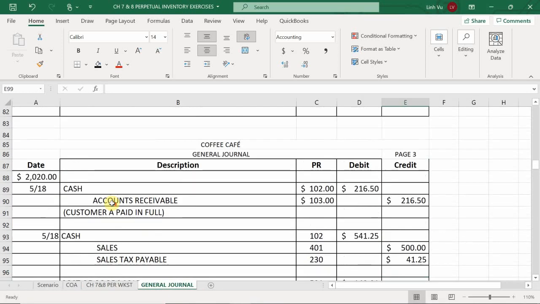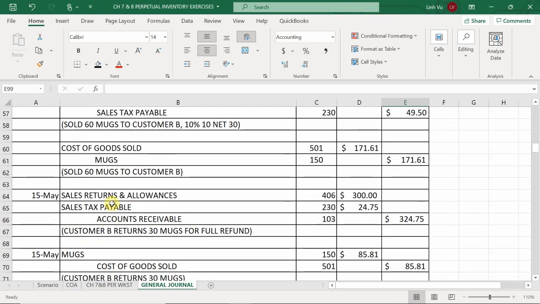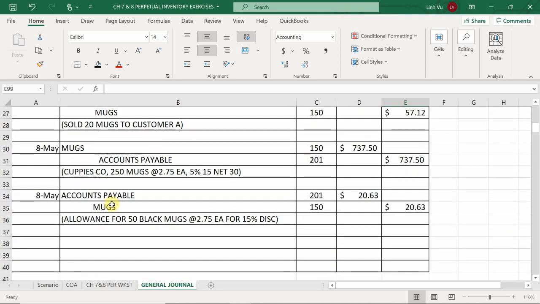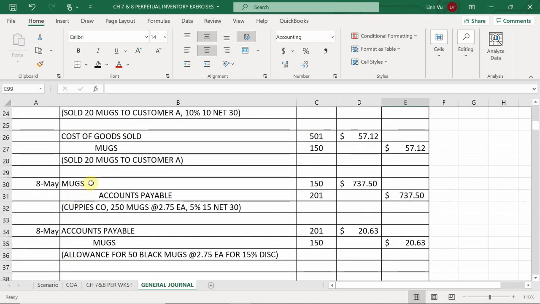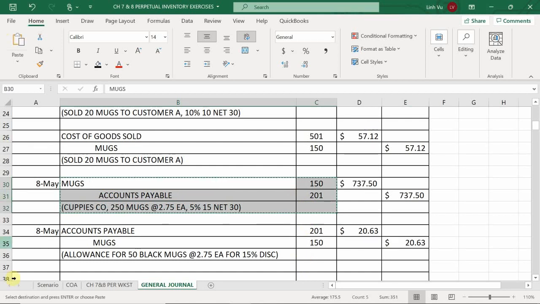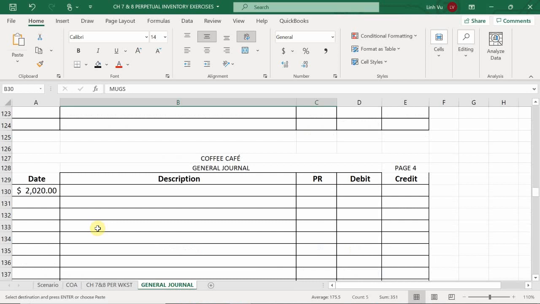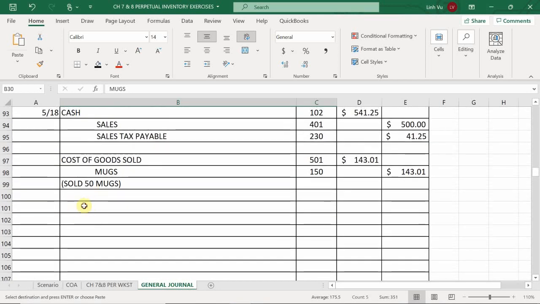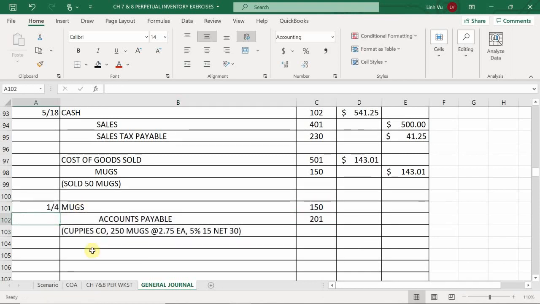Okay, so I bought this on account. So I'm trying to find accounts payable. Here we go. Mugs and accounts payable. It is May 20th. Mugs and accounts payable. And we know it's going to be for $1,200.